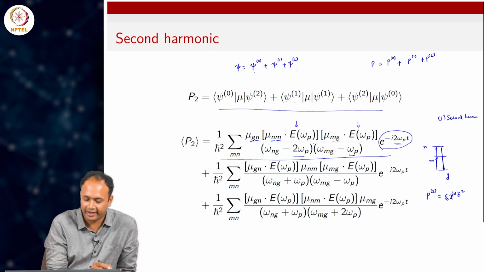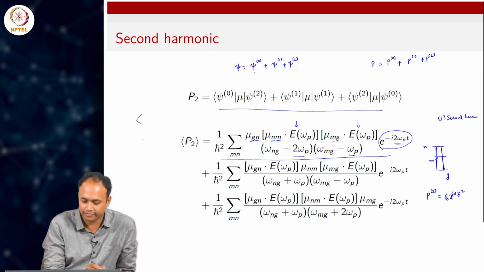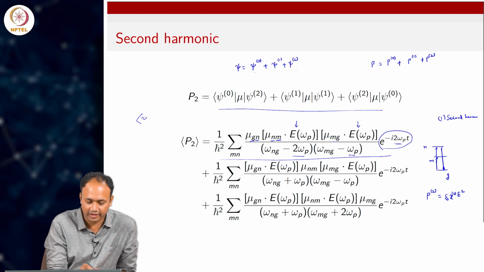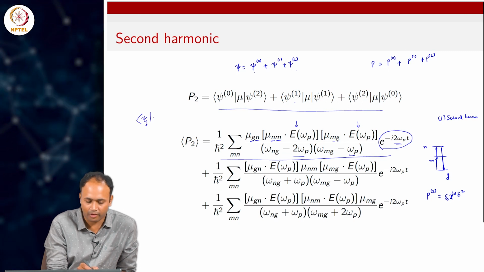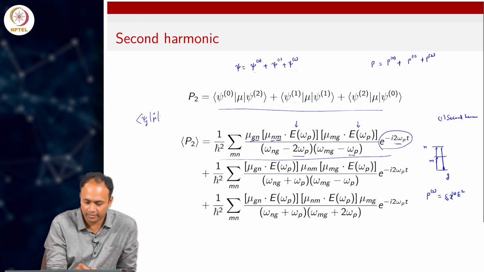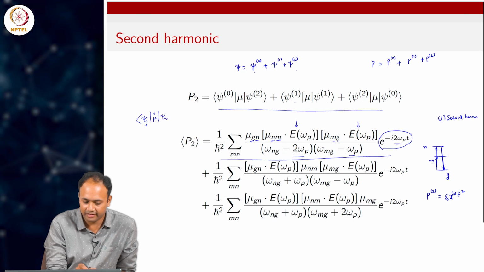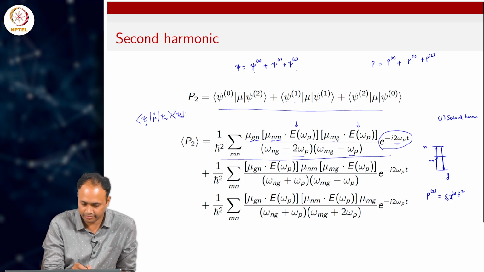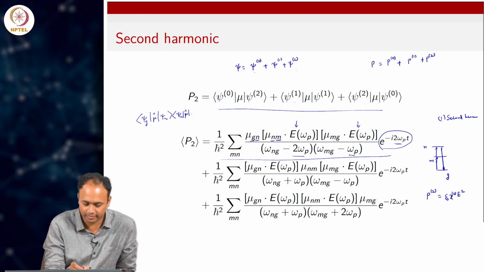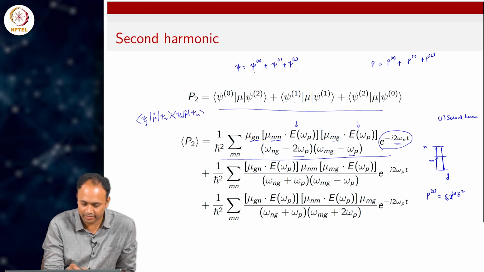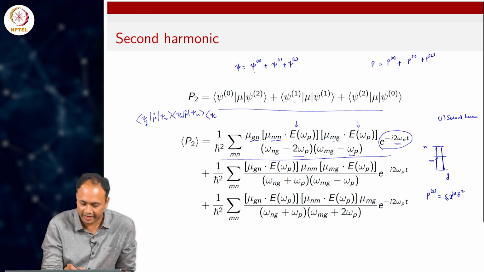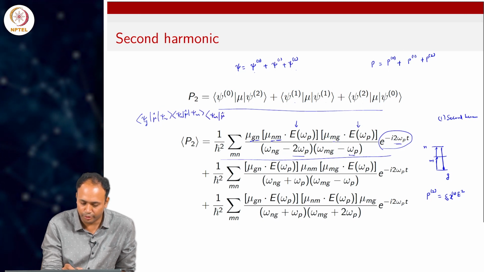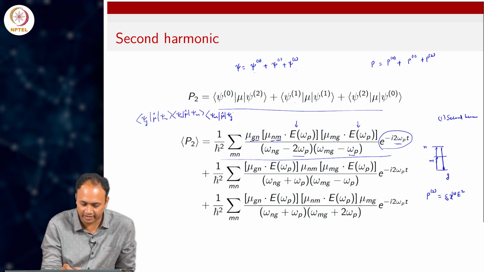If I write down this, it looks like I have some psi g with the operator mu, psi n, with mu operator psi n times psi n mu acting on psi g.